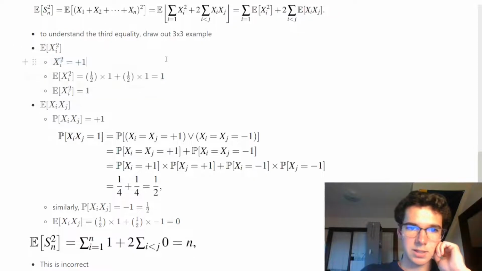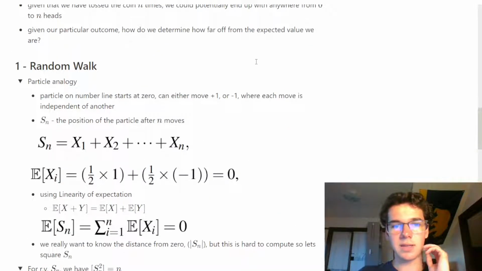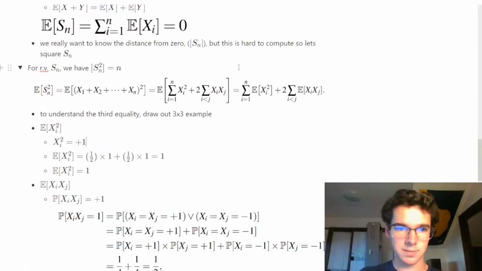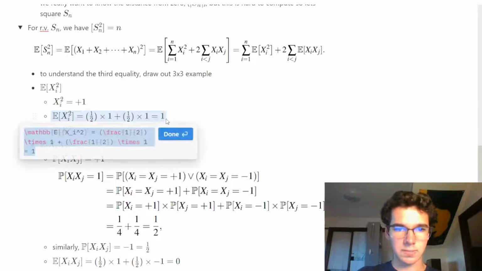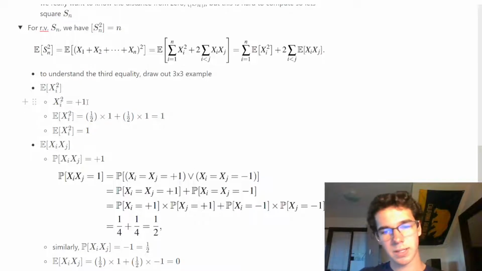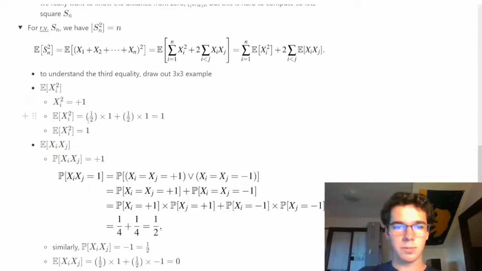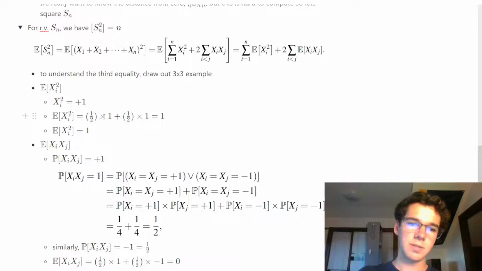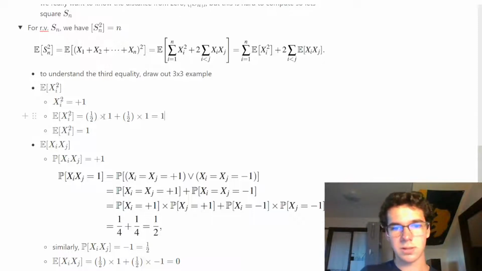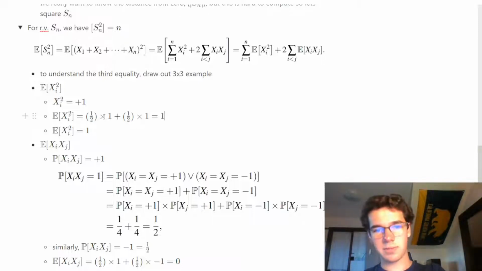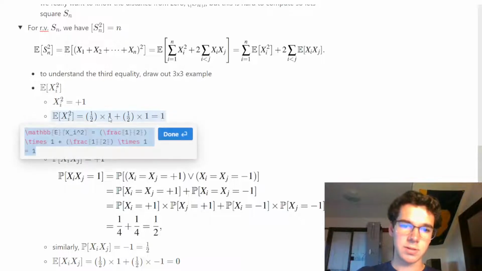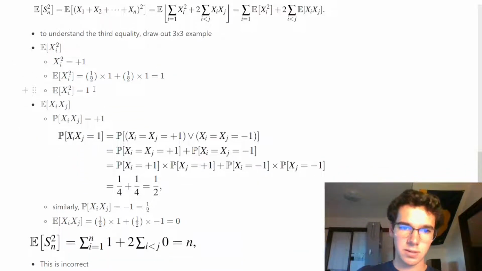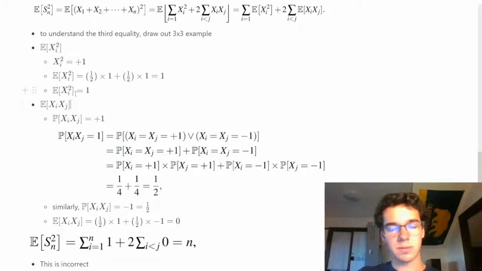X_i is just the event of moving either way. So if we plug it into the expectation of X_i squared, moving to the left squared gives half, and the same for the right, but since it's squared, it's 1, so half plus half is 1. Our overarching expected value is 1.